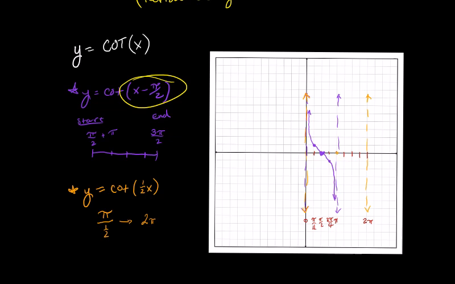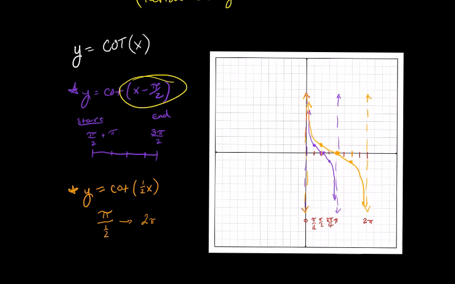You can see it would go right in the middle, on the midline, then go up 1 to the left and down 1 to the right. These would be the points you'd use. Then it would be a much more stretched out graph horizontally. And there you have it. That would be a period change. It would either get stretched out or shrink in, and the period would be less than pi.